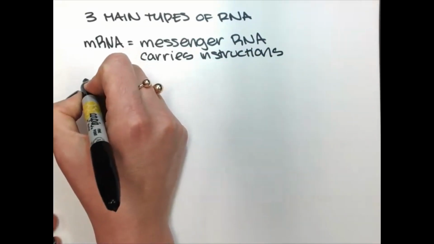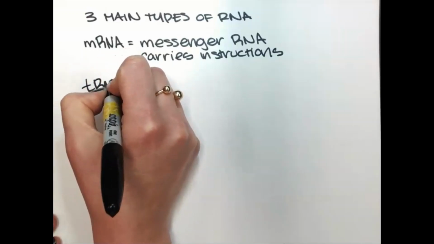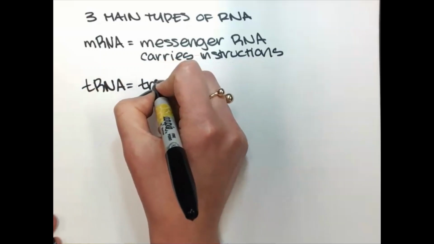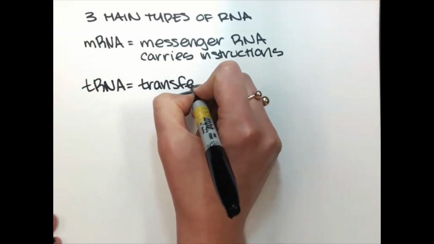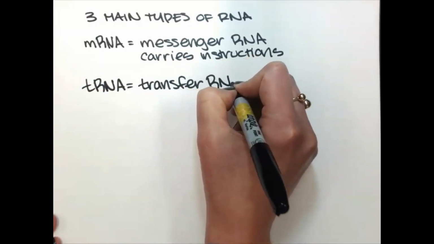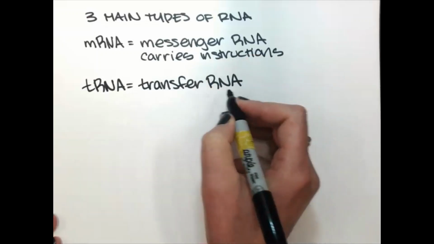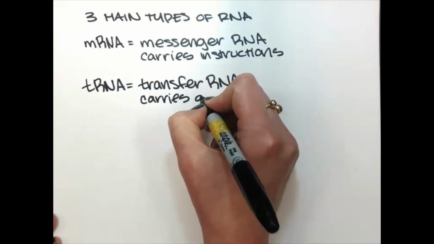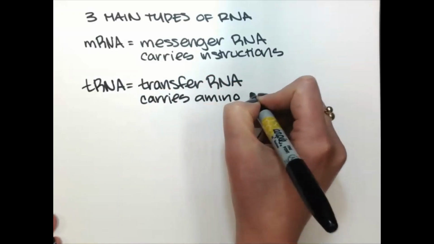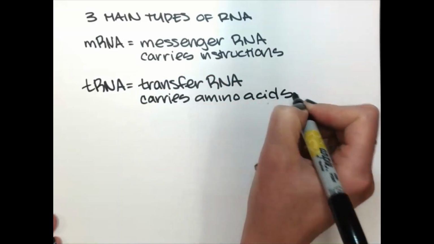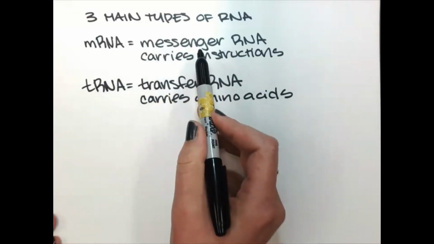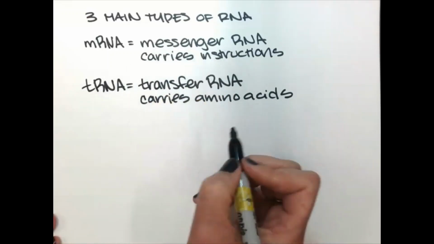Then we have something called tRNA, and that is your transfer RNA. And that actually carries amino acids to help build the proteins that the messenger RNA has instructions for.